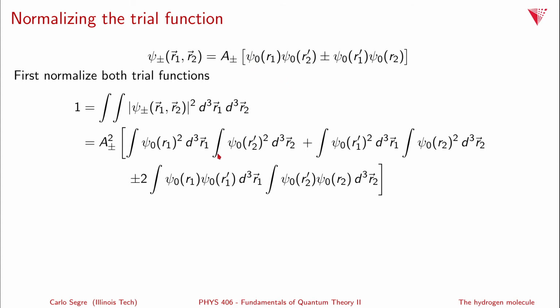And when you rearrange it properly, putting the R1s and R2s together, you get 2 plus or minus 2, because the sign gives you either plus or minus, times the integral of psi 0 R1, psi 0 R1 prime, d cubed R1, times the integral of psi 0 R2 prime, psi 0 of R2, d cubed R2.